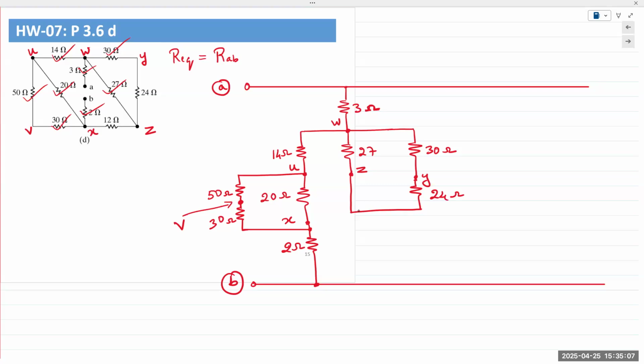So that is X. And so that is this connection right there. And that's it. You have accounted for everything. This node is Z. Series, parallel, series, parallel, series, and then parallel, and series. Okay.